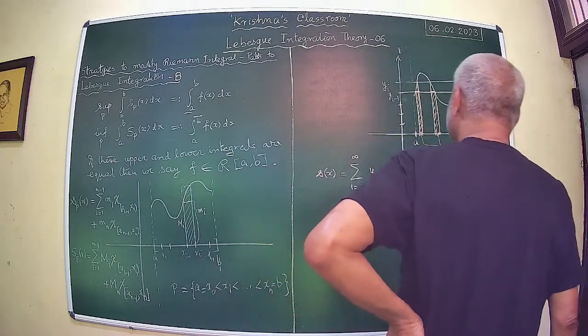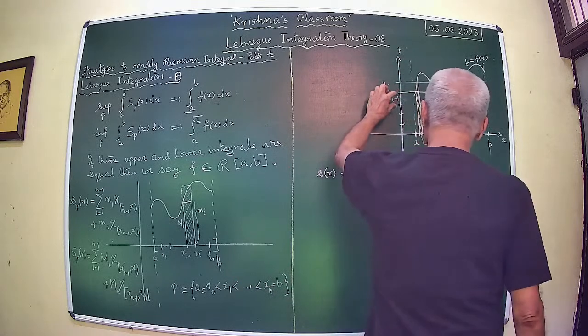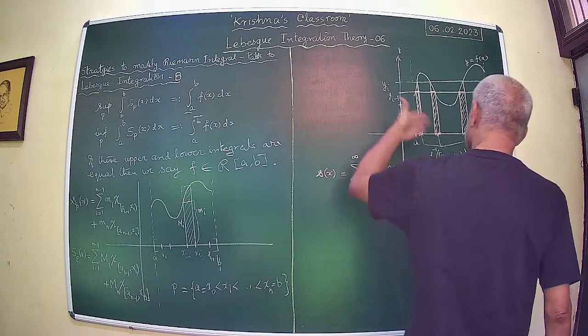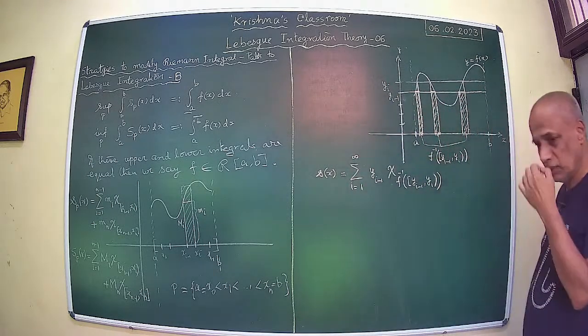You can easily see that when two intervals here are disjoint, their pullbacks are also disjoint.